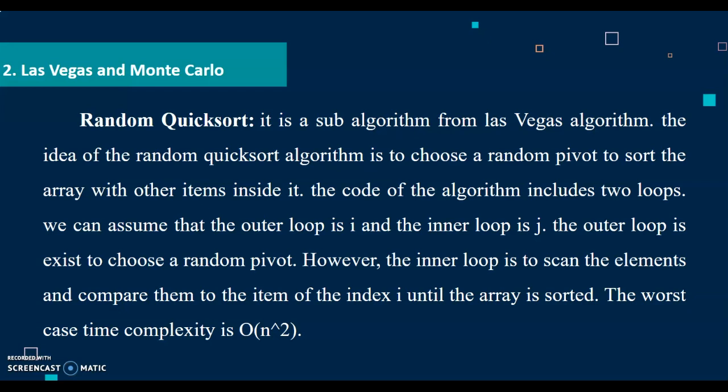We can assume that the outer loop is i and the inner loop is j. The outer loop exists to choose a random pivot. However, the inner loop is to scan the elements and compare them to the item of index i until the array is sorted. The worst case time complexity is n power of 2.